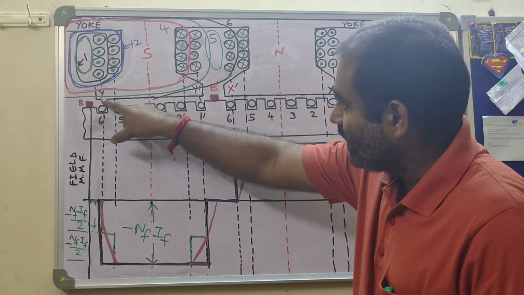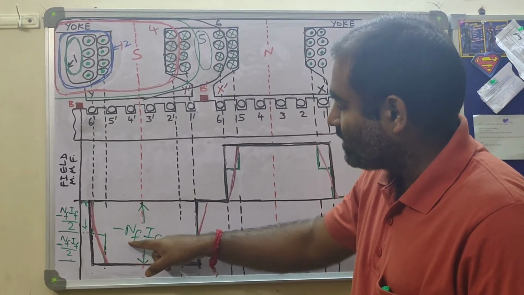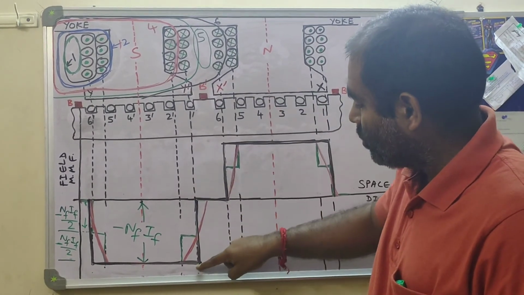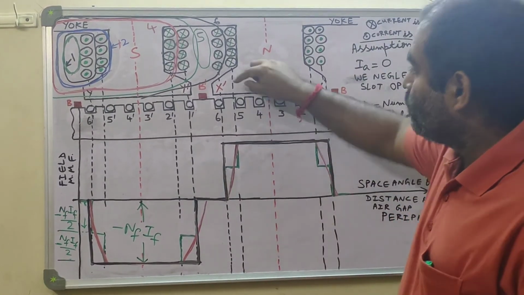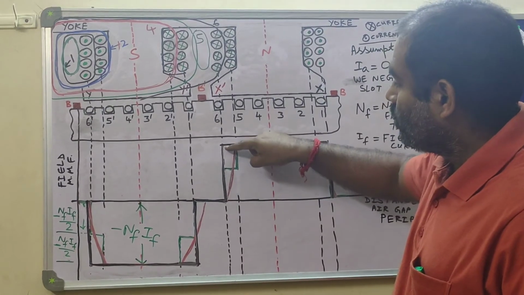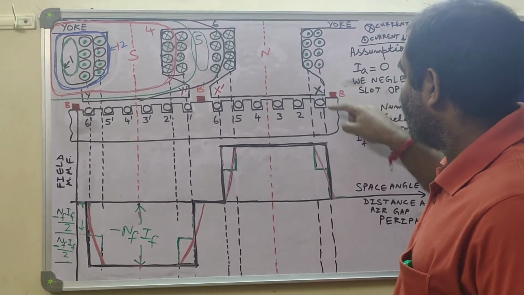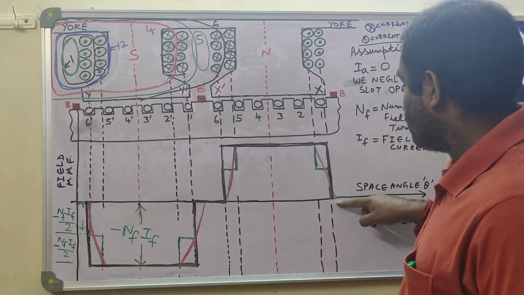So at pole tip y, MMF rises to the value minus NFIF, and at pole tip y dash, MMF falls to 0 from minus NFIF. Likewise at pole tip x dash, MMF rises from 0 to NFIF, and at pole tip x, MMF falls from NFIF to 0.